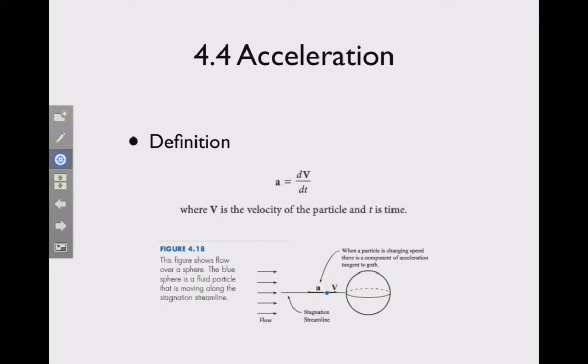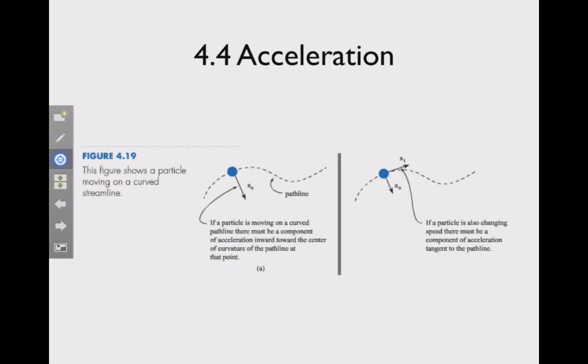That's very important. Speed is going to be measured tangent to the path or a streamline. And so we can look at this in a couple of different ways. First of all, over here, you can see we have the tangential acceleration again. If the speed is changing, that's going to cause a tangential acceleration.